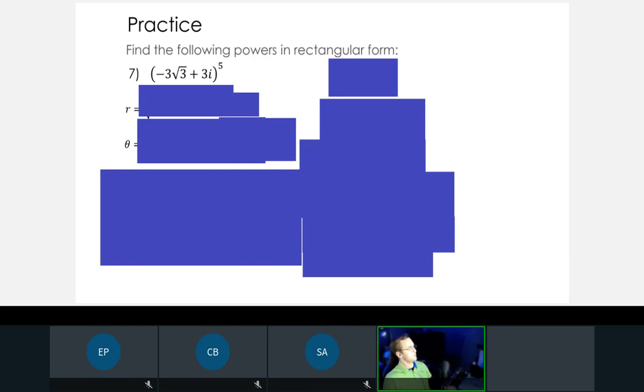Since I already showed it, I'm just going to show it again. So if you got to that point, keep going with this problem to finish it. I'll give you, say, a minute and a half to finish this problem.